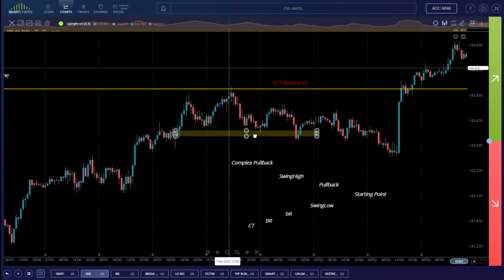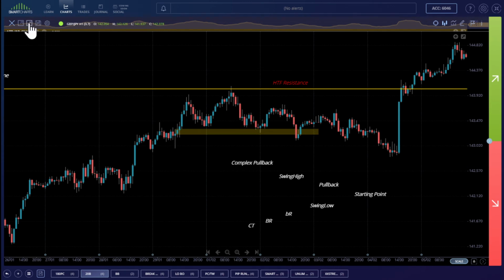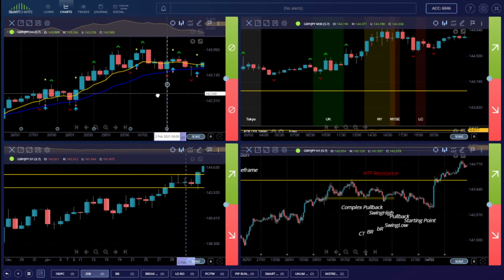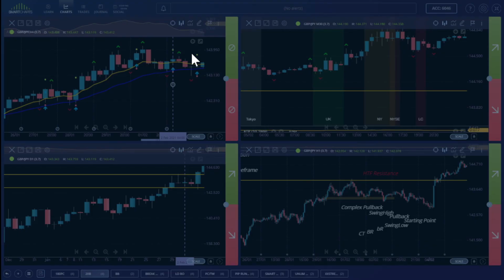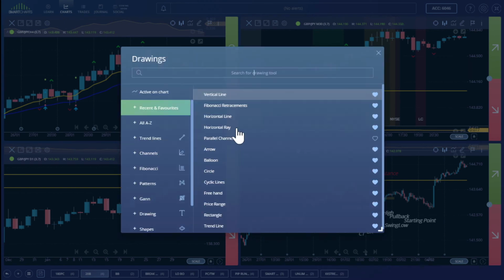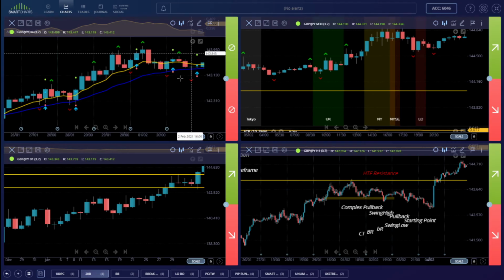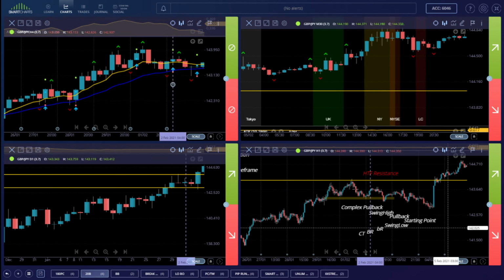Because you can see, let me just, okay, so vertical line. It should pop up just because I changed the template. Now I removed it. Okay, so that was our last signal.